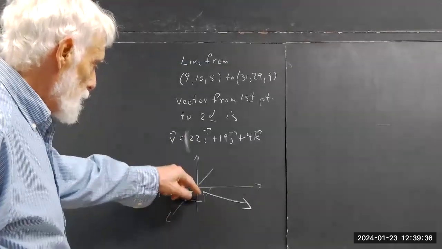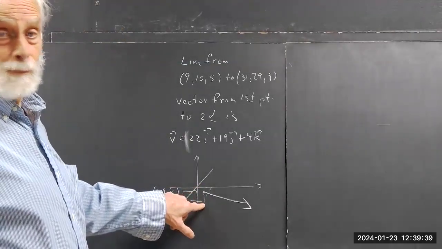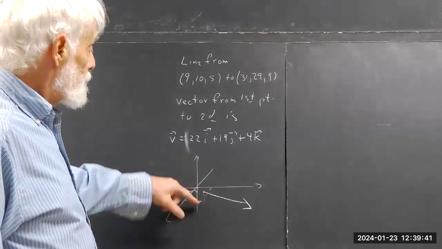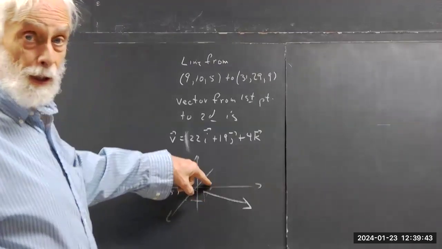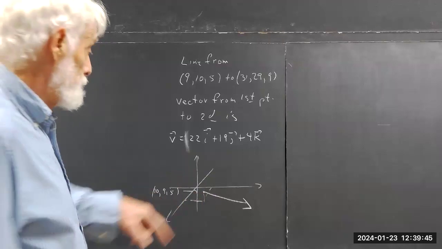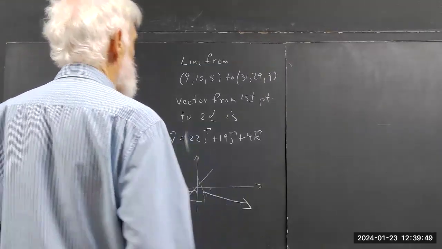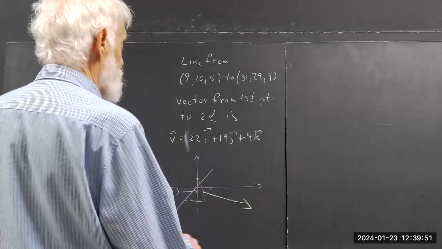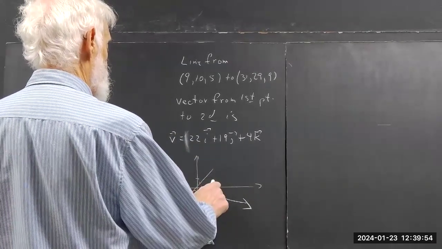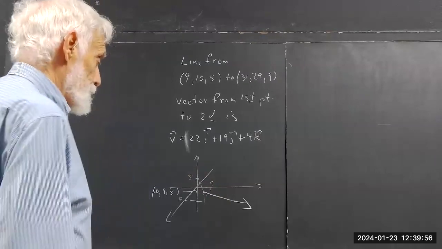So we see a projection line down into the XY plane and over here to where X is 10, over here to where Y is 9, and up here to where Z is. It makes certain sense. Yeah, 10 here, 9 here, 5 here. That gives you this point.